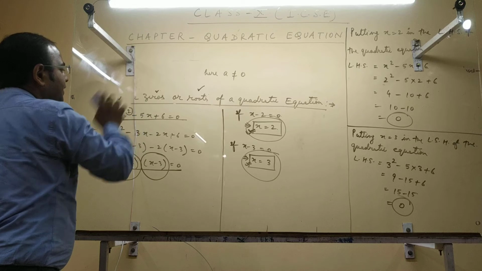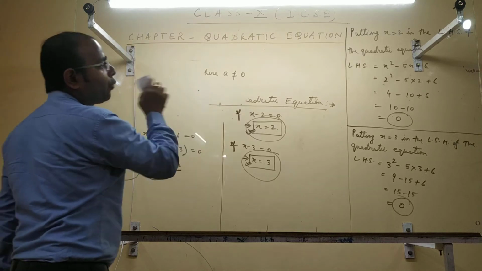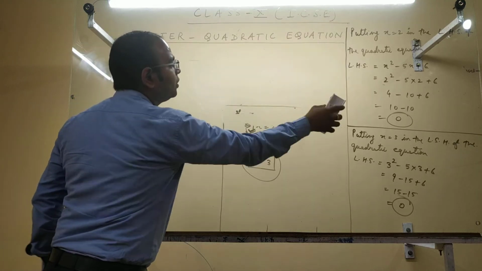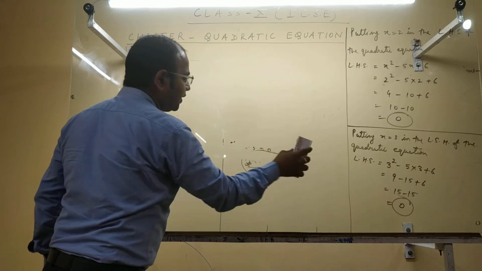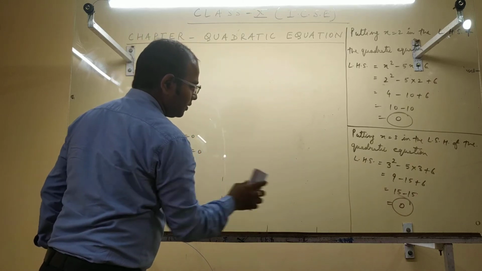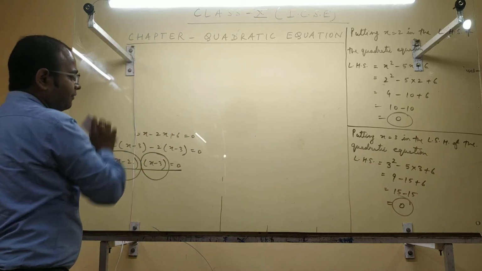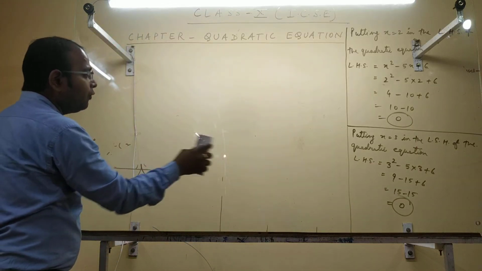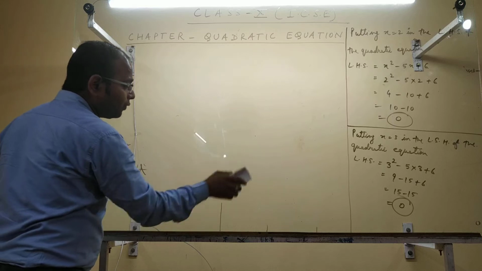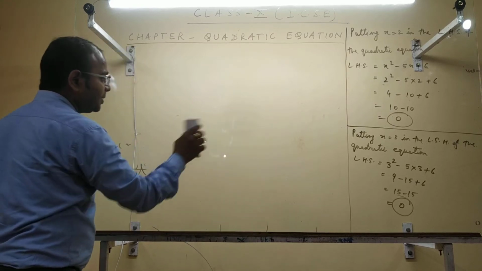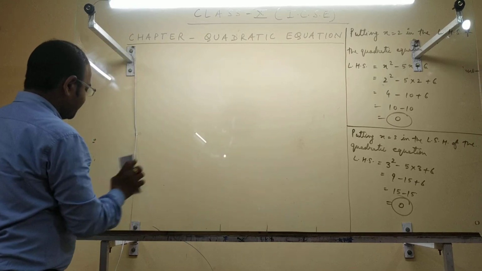There are various methods by which we can find out the roots of a quadratic equation. This is also very important. If we are given a quadratic equation, then how are we going to find the two roots of that quadratic equation? There are special techniques, special methods.